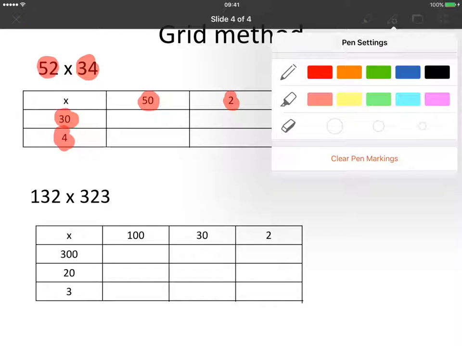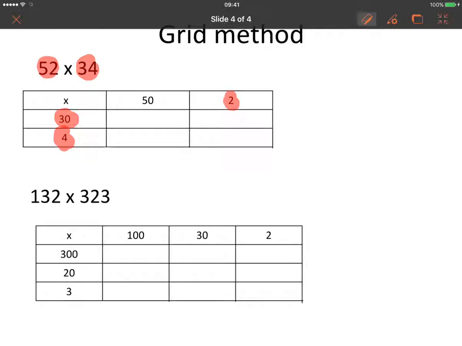So now I'm going to take the 5 and the 3 and multiply them together. Now 3 times 5 is 15.